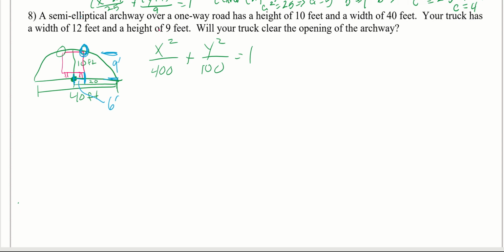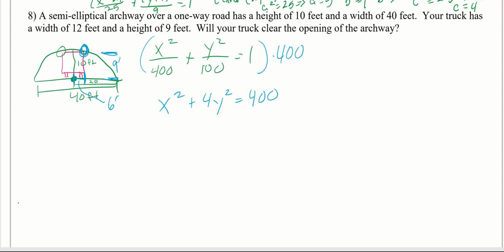Okay, and so as I solve through this, what I'm going to do is multiply the entire thing by 400. Why do I do that? Well, I'm afraid of fractions. So if I do that, the 400s cancel there, and then I multiply this one, I end up with 4y squared is equal to 400, right? So that makes it a little bit easier to swallow.